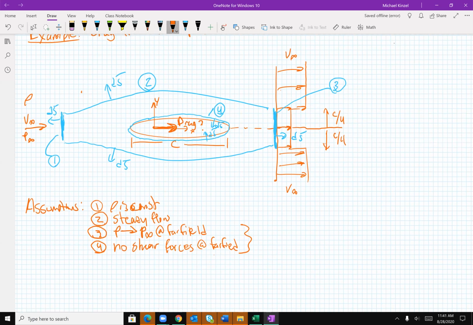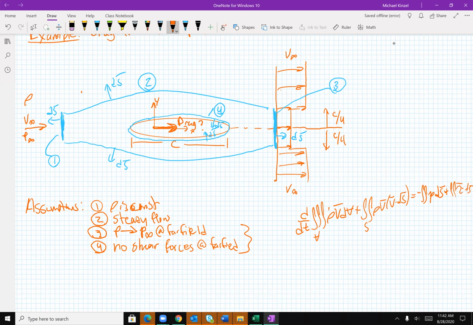in the context of our momentum equation, which basically says d/dt of rho v dV plus rho v (v dot ds) equals negative pressure plus shear.